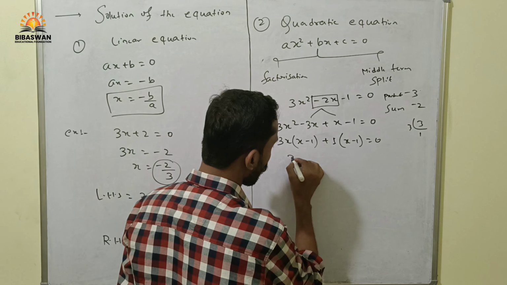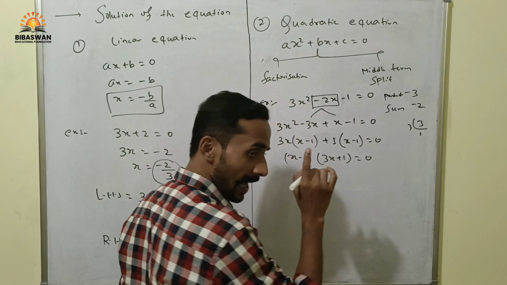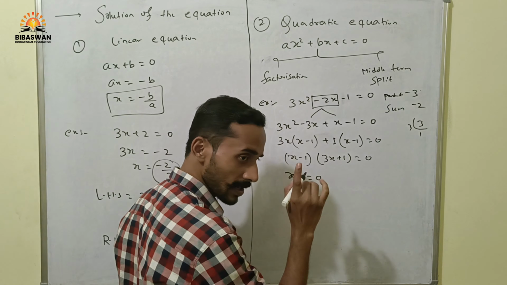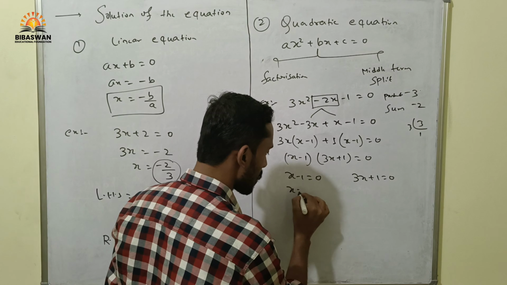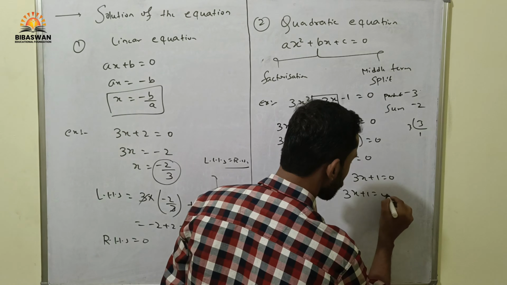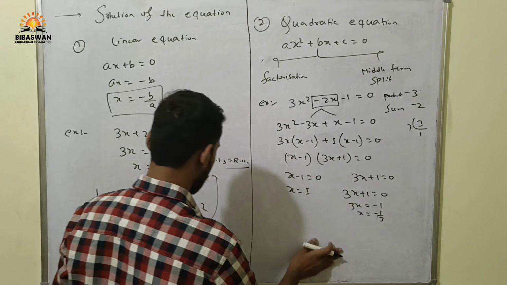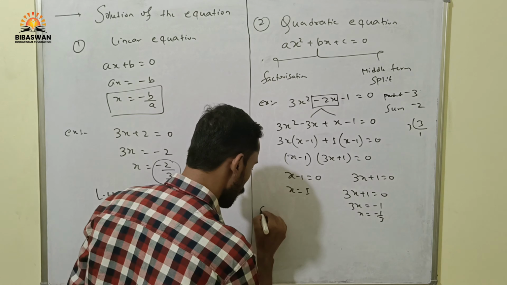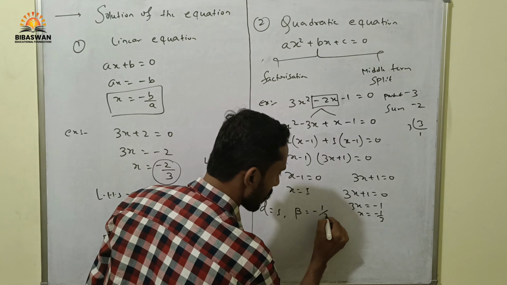Then x minus 1 common: x minus 1 times 3x plus 1 is equal to 0. If the product is 0, then x minus 1 is equal to 0, and 3x plus 1 is equal to 0. So x is equal to 1, and 3x is equal to minus 1, so x is equal to minus 1 by 3. Then we can say that there are two roots of the equation: first alpha is 1 and second beta is minus 1 by 3.